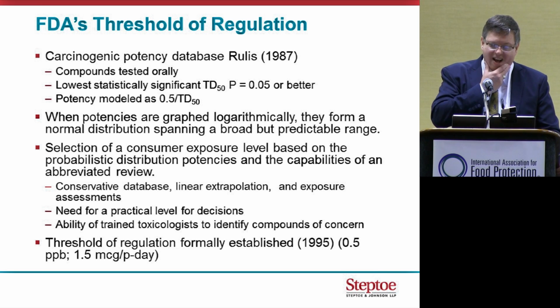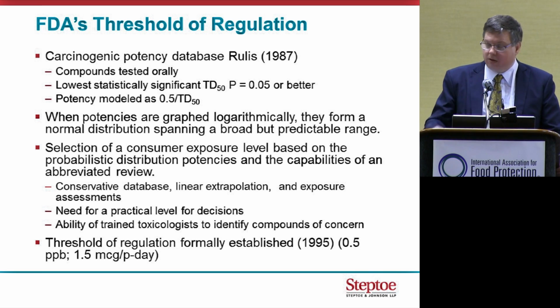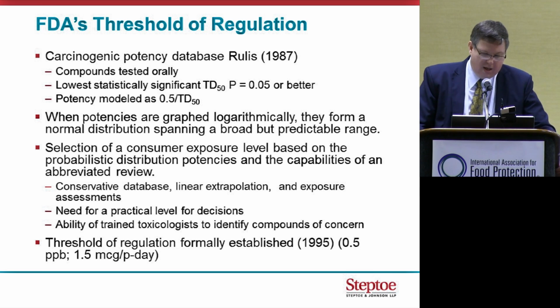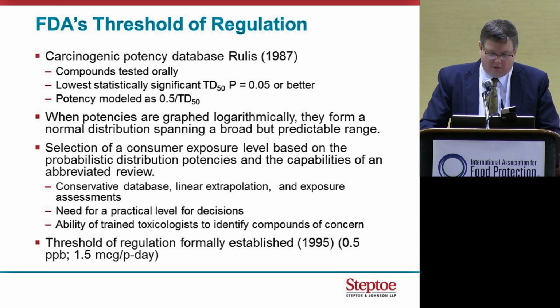What that analysis revealed was that potencies, when they're graphed logarithmically, form a normal distribution. And so what we know from that is that we can, with some confidence, predict the range of potency for chemicals overall, assuming that we have a robust enough data set.